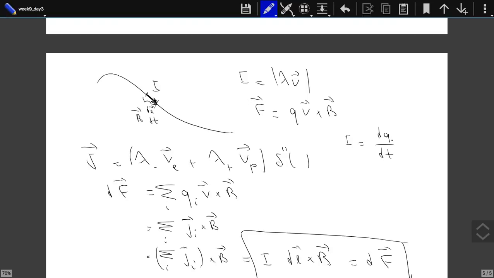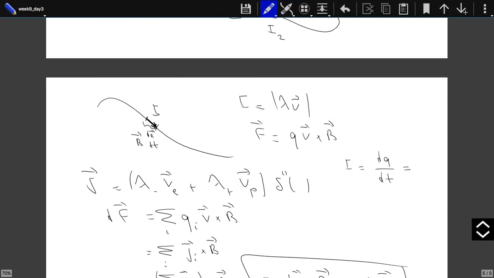Well, dq over dl times dl over dt, lambda times v. Yes? So basically we are integrating over the area of the wire, but we can't express it that way because we took the limit as the thickness goes to zero. Yes.